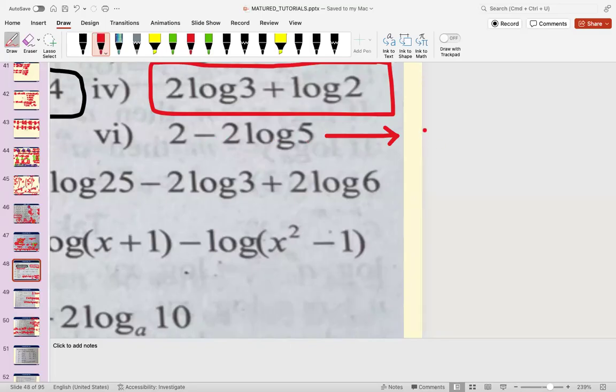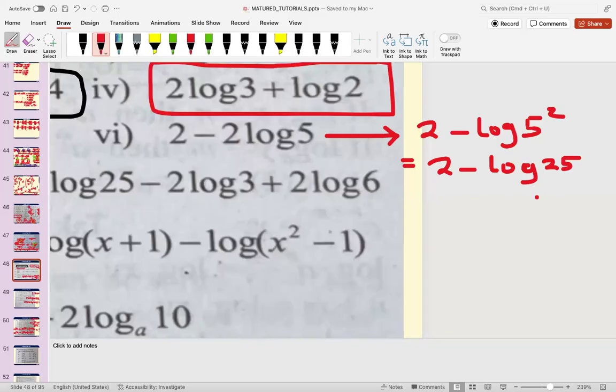So we have 2 minus, now this 2 here will have to go here. So you have 2 minus log 5 squared. So this becomes 2 minus log 25.